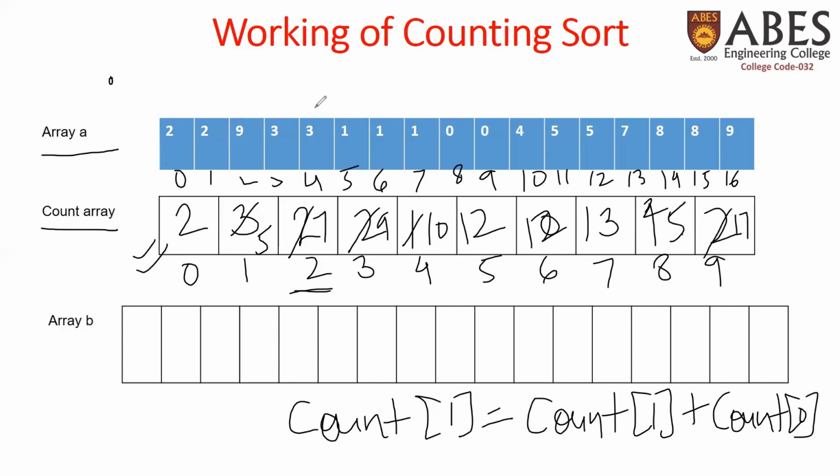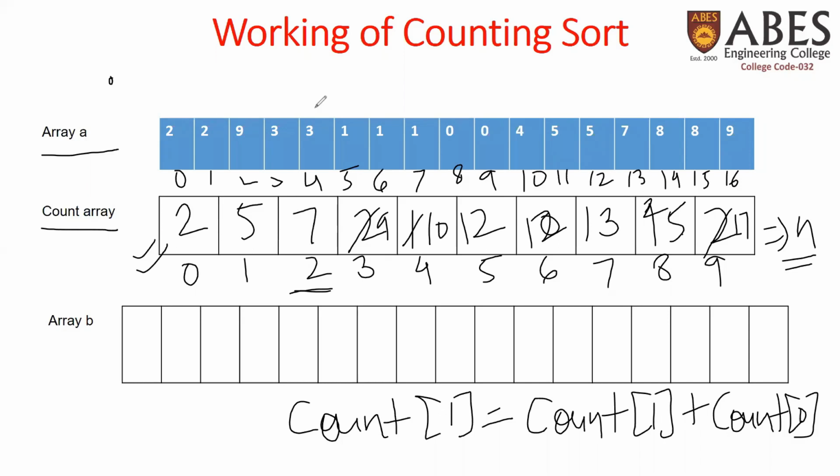Make sure that the last number of your count array is equal to n, the number of elements in your given array. If you are getting any difference here, it means your counting is wrong. Something is missing in your question. So make sure that the last value of your count array equals the given number of elements. Here, I'm just updating this value again to get a clear picture.